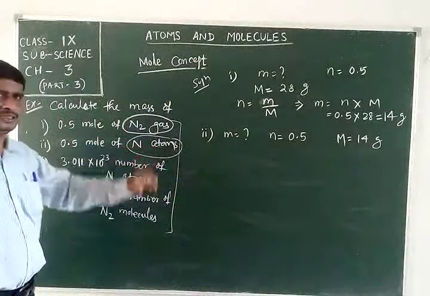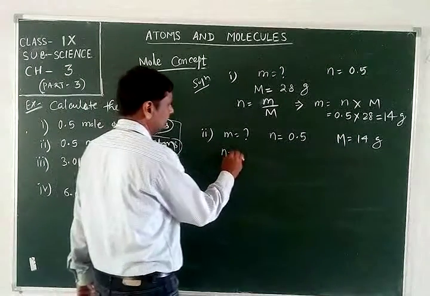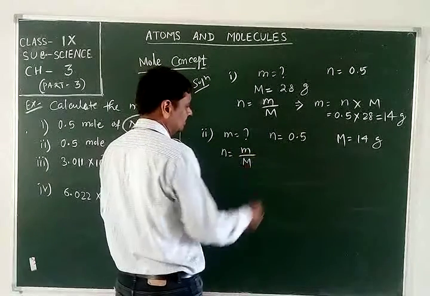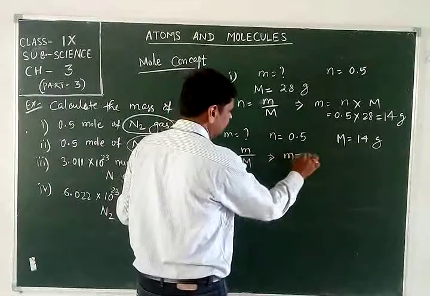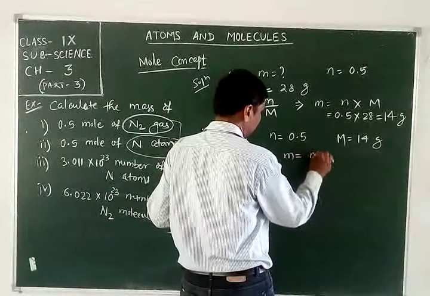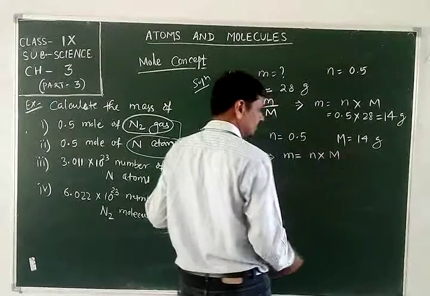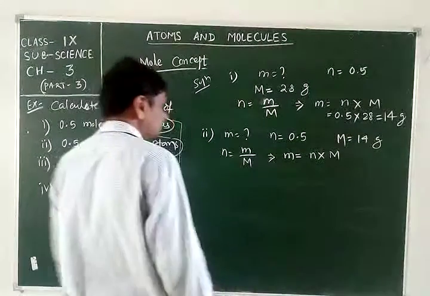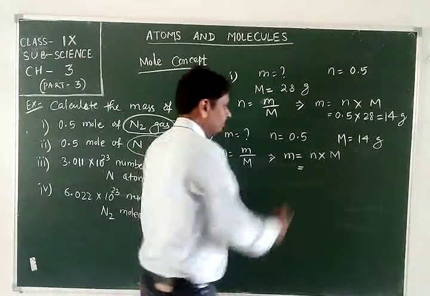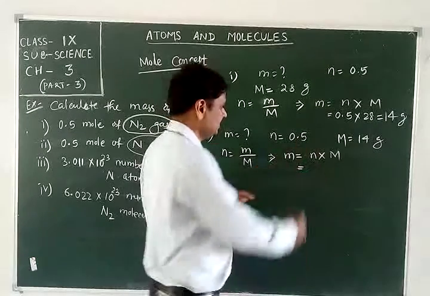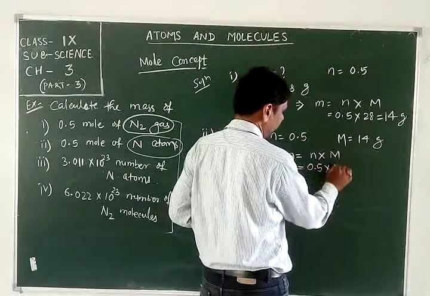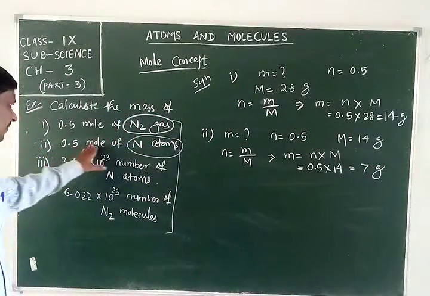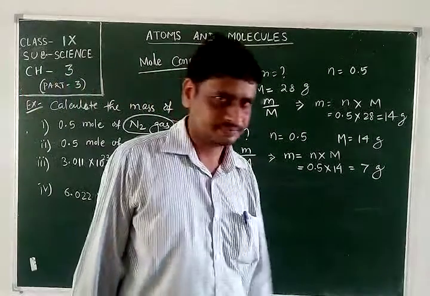Nitrogen atom has molar mass 14 gram. n is equal to given mass by molar mass. This implies mass becomes equal to number of moles into molar mass. Value of n is 0.5 and M is 14, so mass is 7 gram. Mass of 0.5 mole of nitrogen atoms is 7 gram.